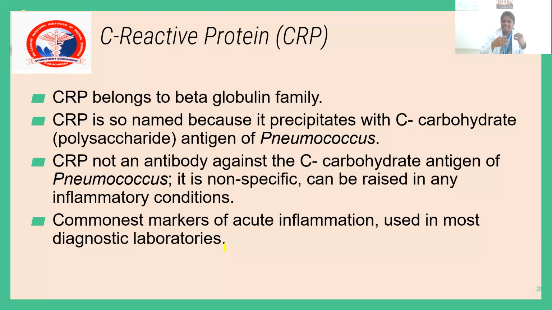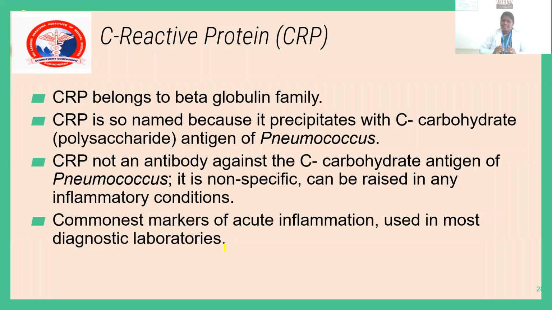So what happened? This C-reactive protein is able to react with the C carbohydrate antigen of the pneumococcus. That's why it is named C-reactive protein. But it is not an antibody against the C carbohydrate antigen of the pneumococcus. That you should remember.